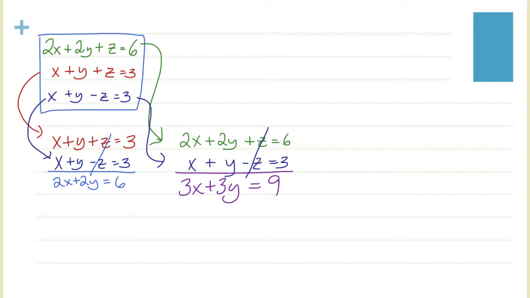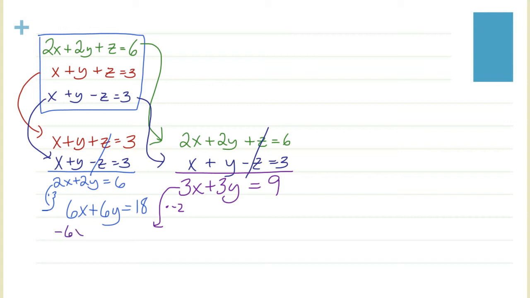So if I want to get something to drop out, I'm going to have to multiply one of those by a negative and turn all the coefficients into 6's. So I'm going to multiply this one by 3 and get 6x plus 6y equals 18. And I'm going to multiply this purple one by negative 2.